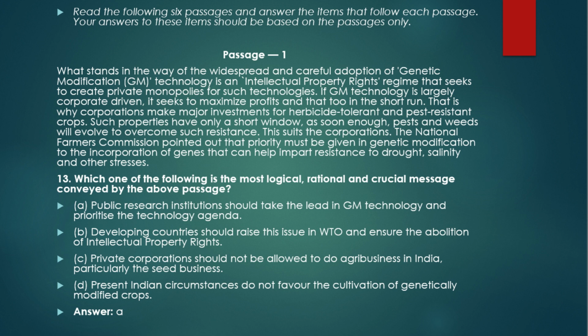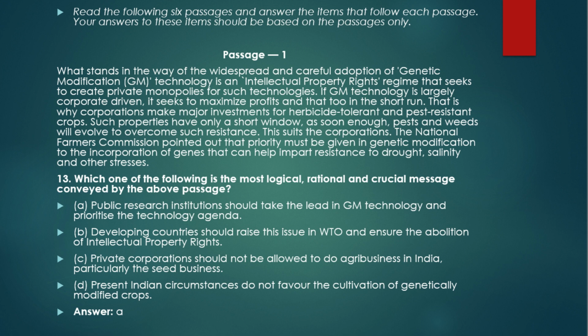Now question 13. Which one of the following is the most logical, rational, and crucial message conveyed by the above passage? Option A, public research institutions should take the lead in GM technology and prioritize the technology agenda.